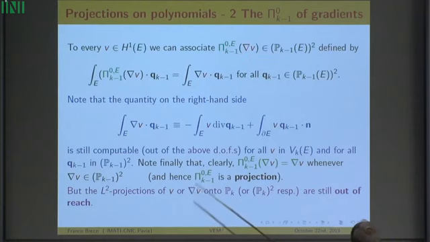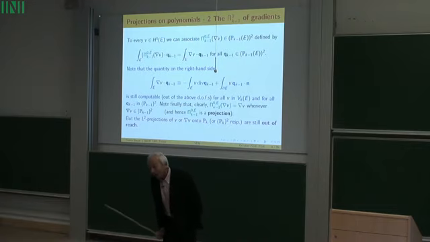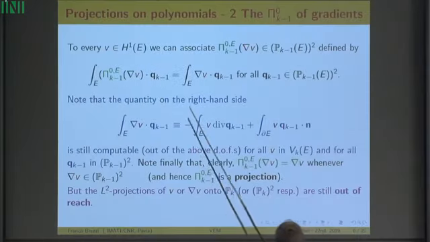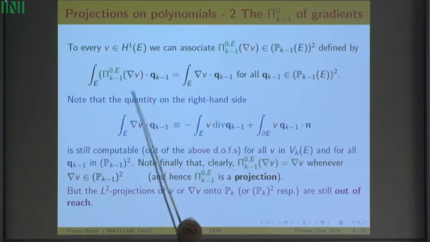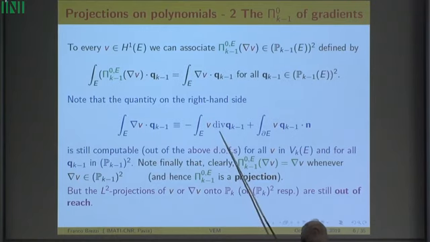So this is computable, and of course I don't have to ask you how you compute it, but if you were not attentive before, you integrate by parts. Okay? So in order to compute this right-hand side, this one, you integrate by parts, and then you have the divergence of a polynomial of degree k minus 1, which is a polynomial of degree k minus 2.